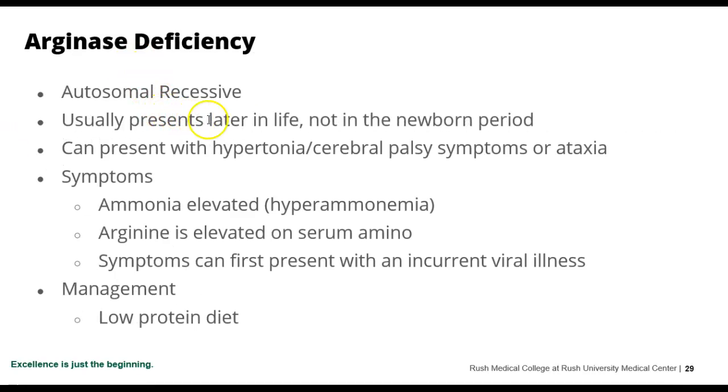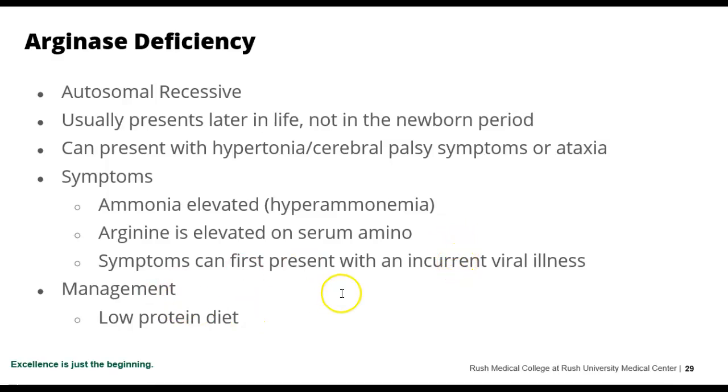Arginase deficiency, recessive, again, a little bit later, and actually can present with increased muscle tone or symptoms that look very much like cerebral palsy, and it's because of the chronic damage to the brain. Ammonia is elevated, arginine is elevated, unlike all the other ones where it's low. So if the arginine is elevated, it's a sign of arginase deficiency.